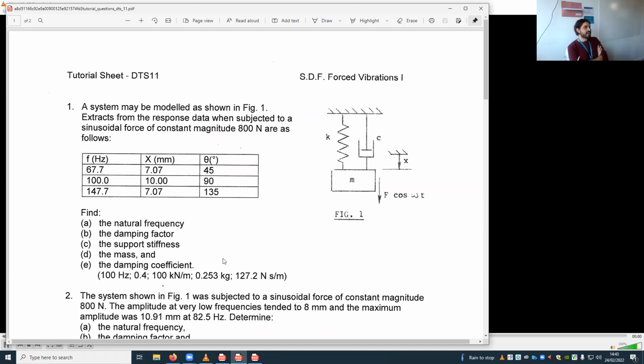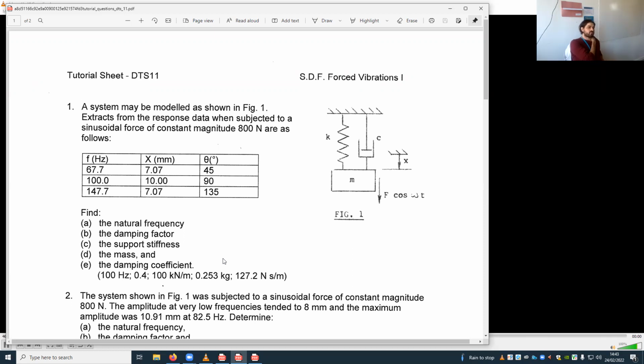So when we are forcing this with 800 newtons, at 67.7 hertz, the X we get is 7.07 millimeters, and the theta we get is 45 degrees.